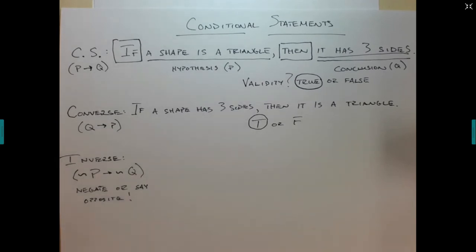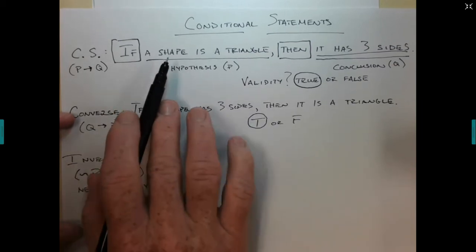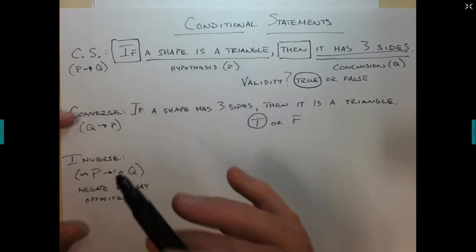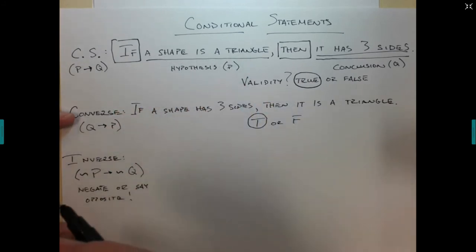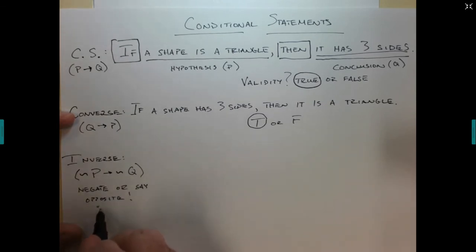Now, let's make sure we understand the English language very well. The opposite of a triangle is not a quadrilateral, all right? If I don't want to move the hypothesis, I just want to say the opposite, I would just throw the word not in there. And again, we want to make our English teachers proud.